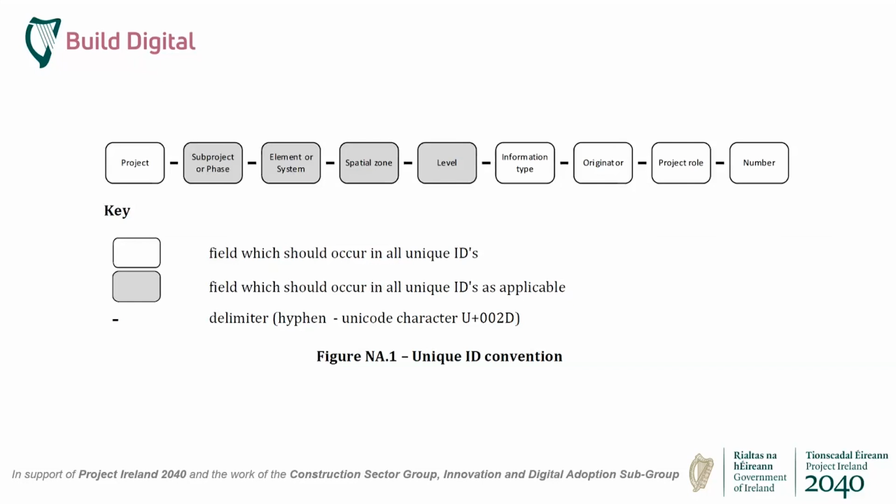Information type talks about the information type, and project role also talks about the type of information, and the number is the unique identifier. Then the other things are covered in the metadata: the version and the suitability are covered in the metadata. So it covers what you need there.